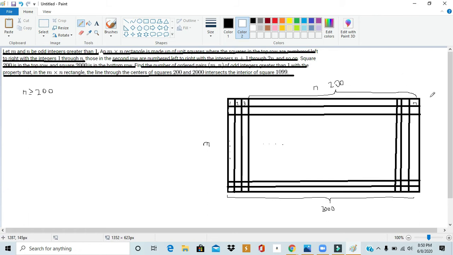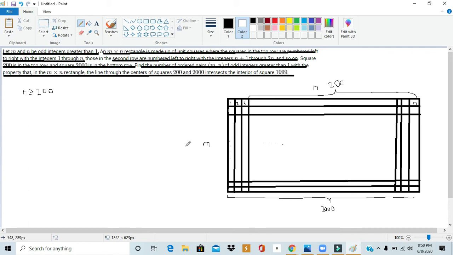So there are two things that could happen: 200 is before n, which means n is greater than 200, or 200 is the last element, in which case n is equal to 200. So that's our first relationship we can derive from this. The next relationship is not as obvious, but still not that hard to get.